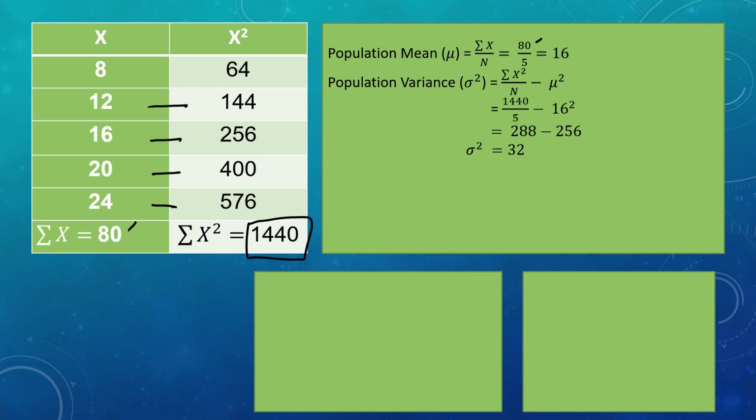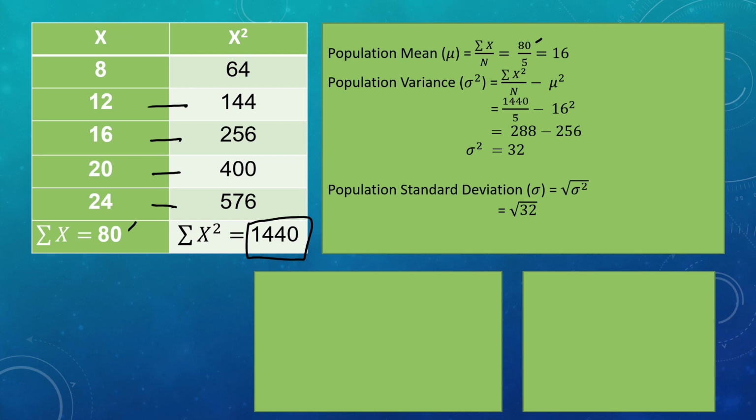Now, to find the population SD, we will be applying sigma is equal to the square root of sigma squared. We will just simply do the substitution property. So instead of writing sigma squared, we will be substituting the value of sigma squared, which is 32. So we will be having sigma is equal to square root of 32.